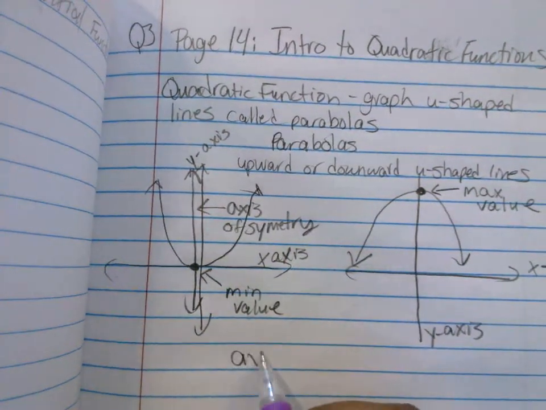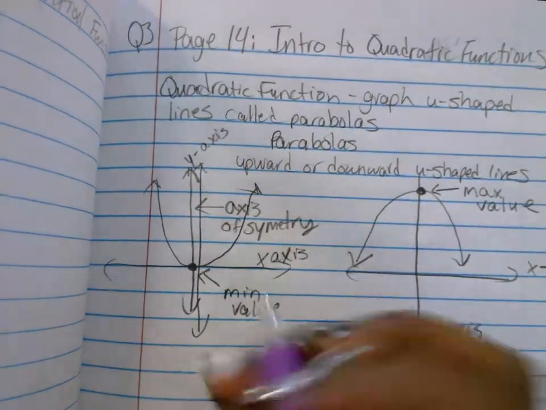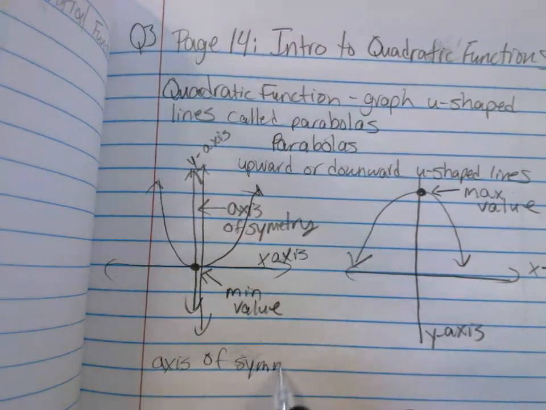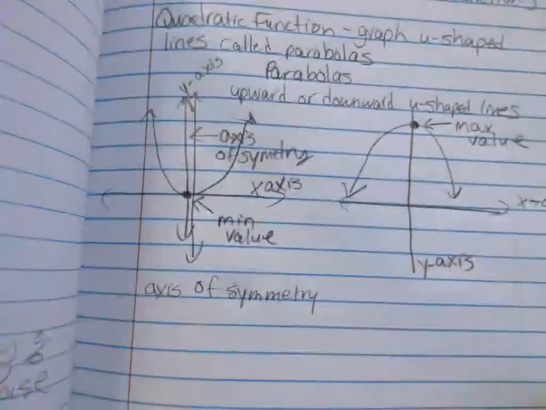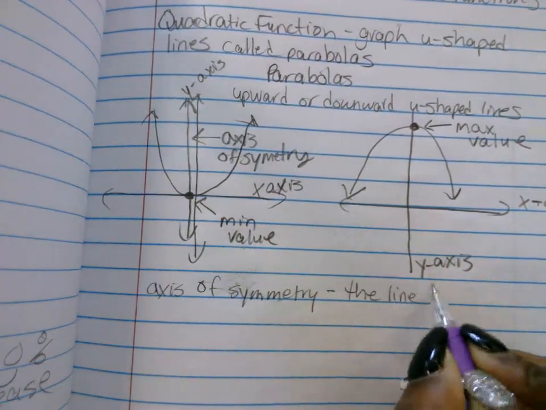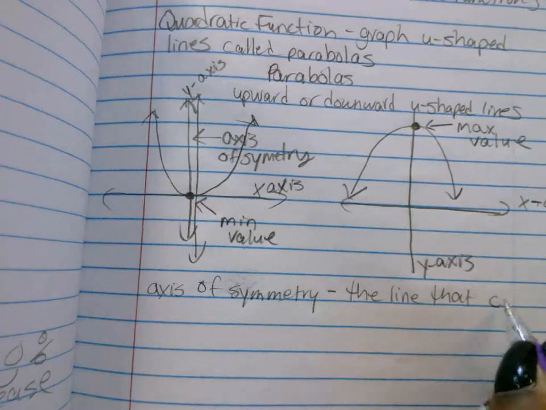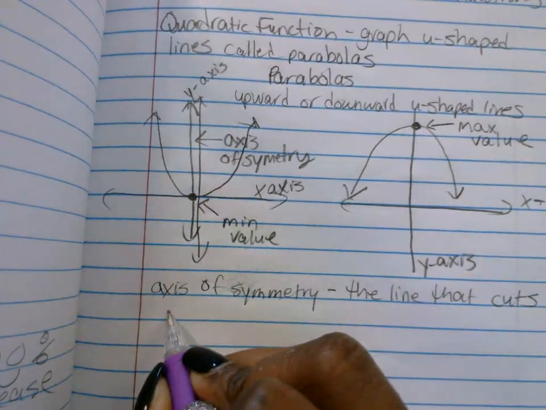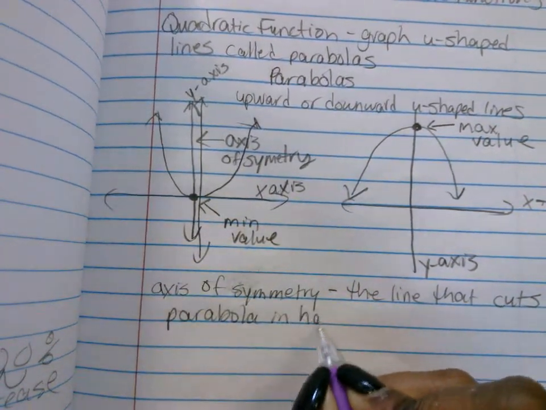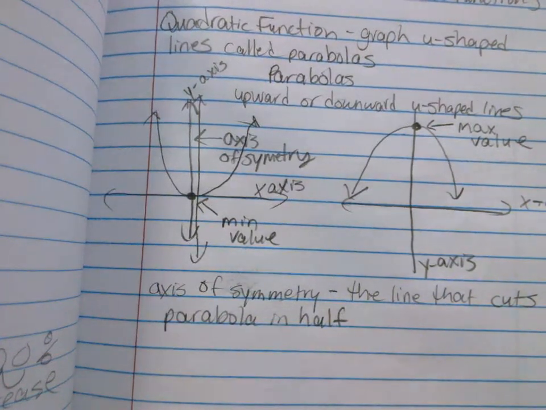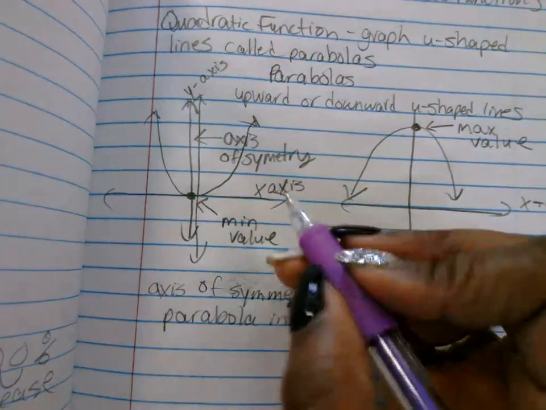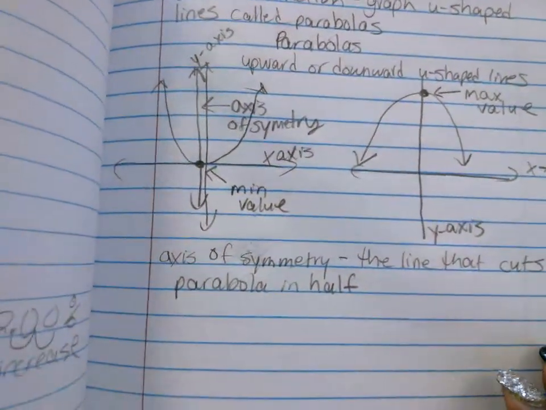The axis of symmetry is the line that cuts the parabola in half. That's the axis of symmetry.